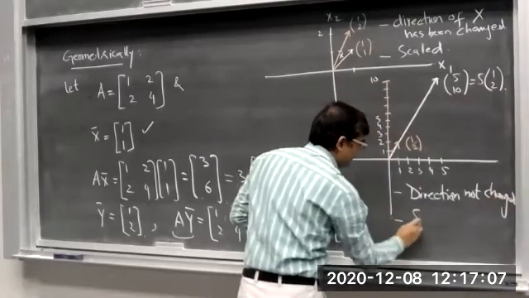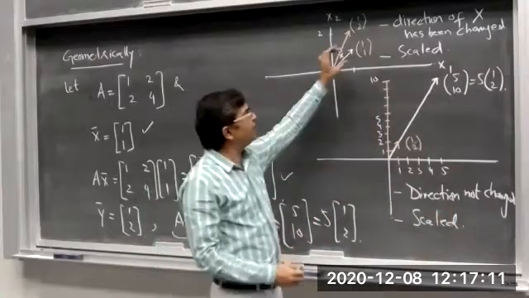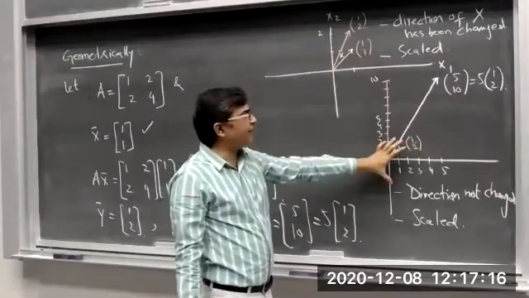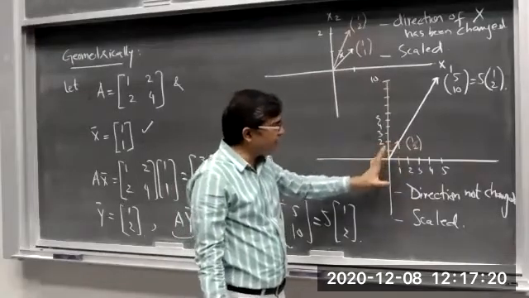Also, the vector is scaled. Direction change means this vector has been rotated after multiplying A. But this vector has not been rotated, or its direction has not been changed. It is only scaled.